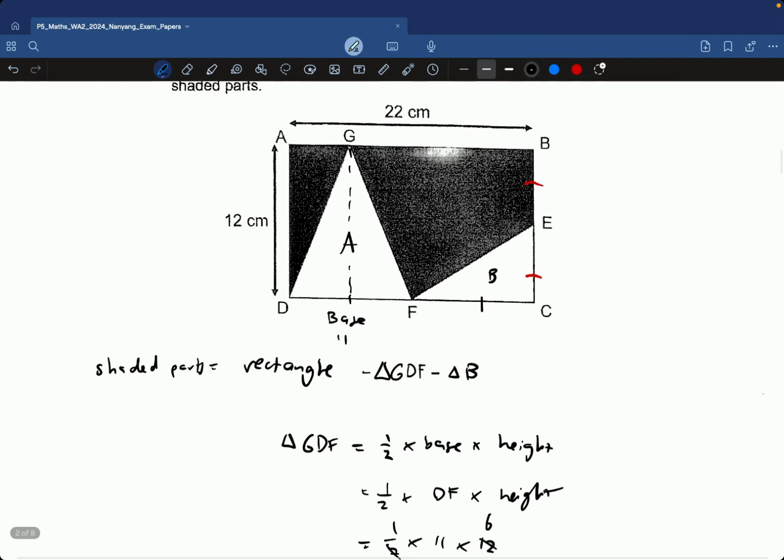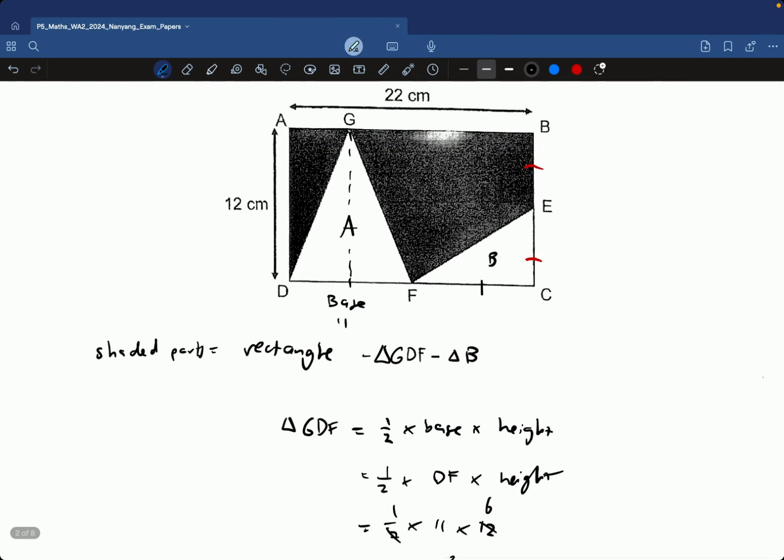So that's GDF. What about triangle B, which is EFC? Where are the base and height? Roughly the base is similar, which is FC, and the height is EC.